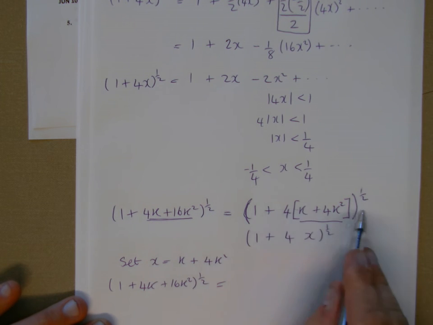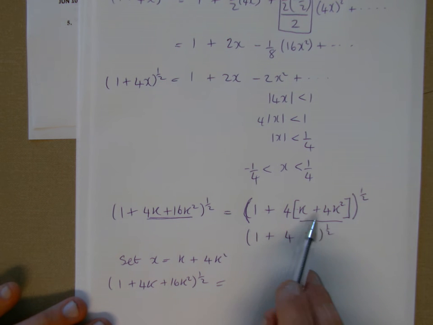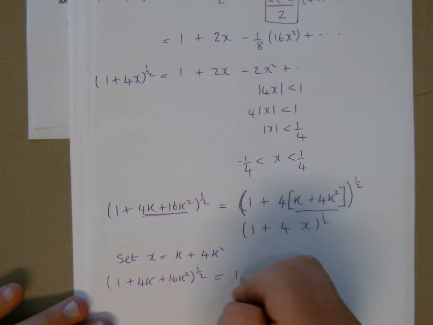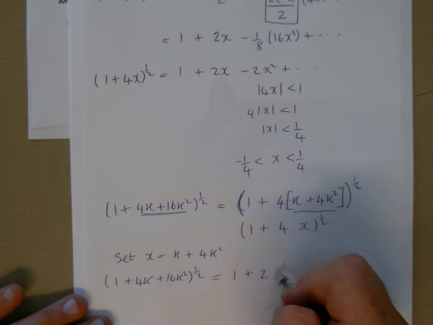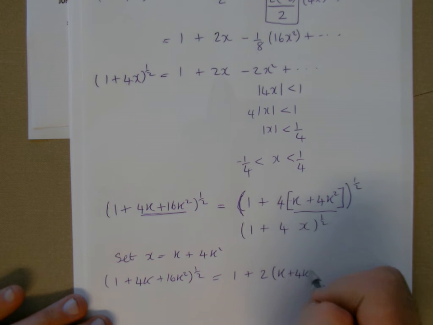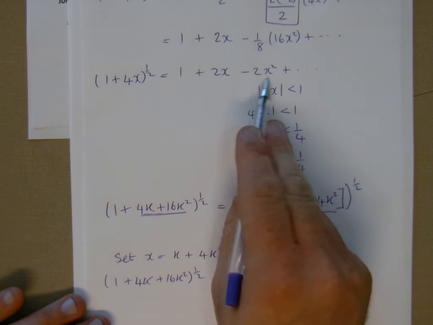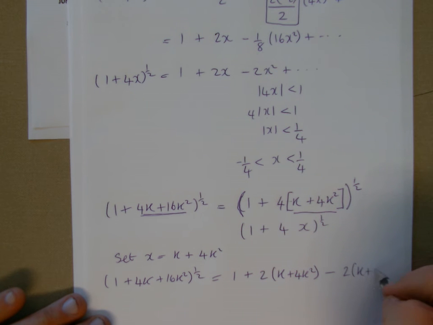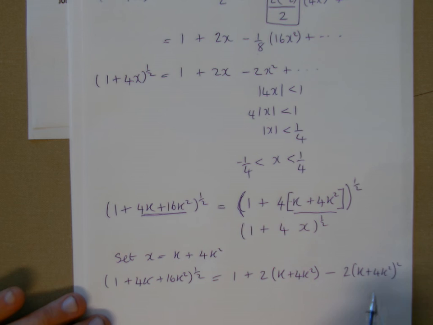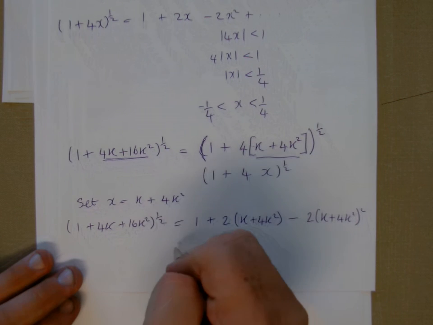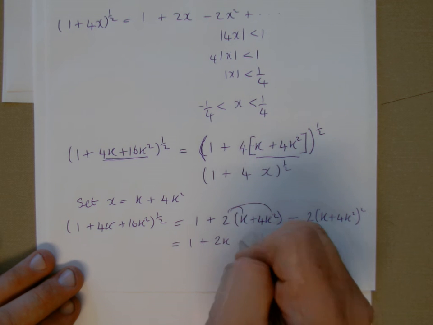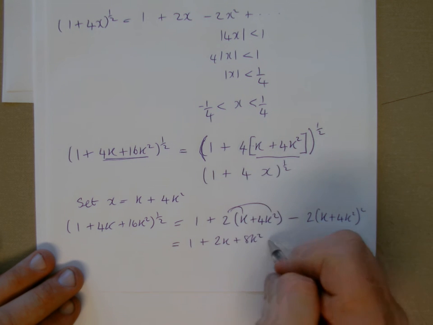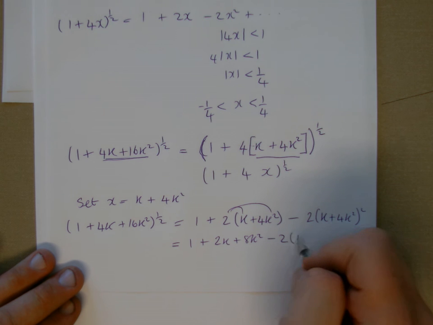If we set x to equal this, you just sub it in there, so we have 1 plus 2 times, remember that's my x, k plus 4k squared, take away 2x squared, so you've got to square that bracket. Now when I multiply this out, I'll have 1 plus 2k plus 8k squared, take away 2, now double bracket here.